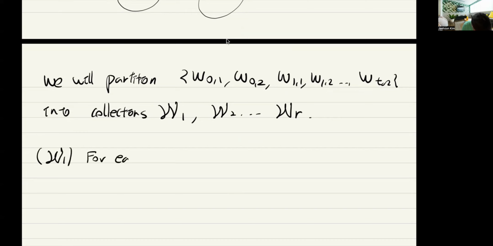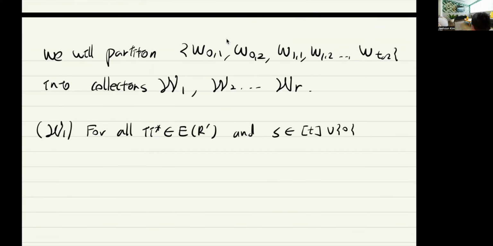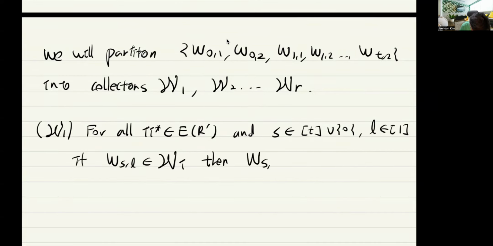So for all I and I star in this matching R prime, and S in {0, ..., T}, and L between 1 and 2, if this WSL is designated in curly WI, then its counterpart is assigned into the counterpart, curly WI star.